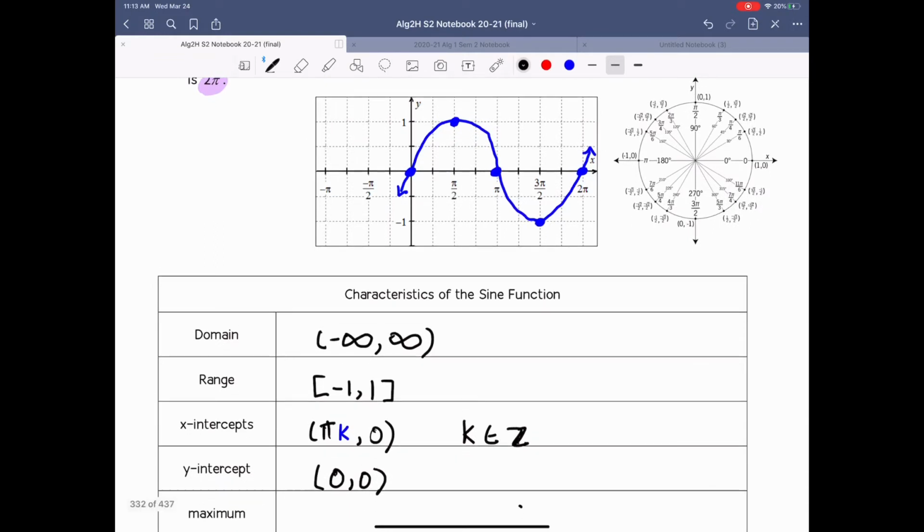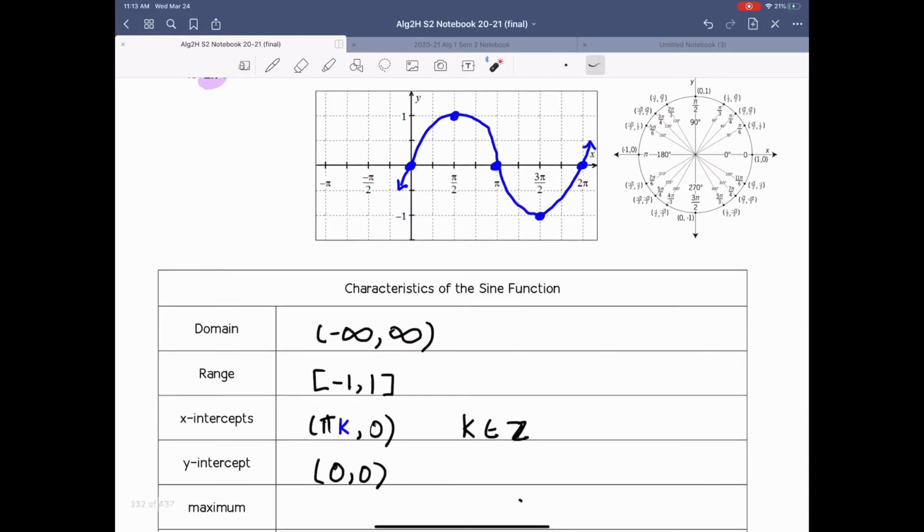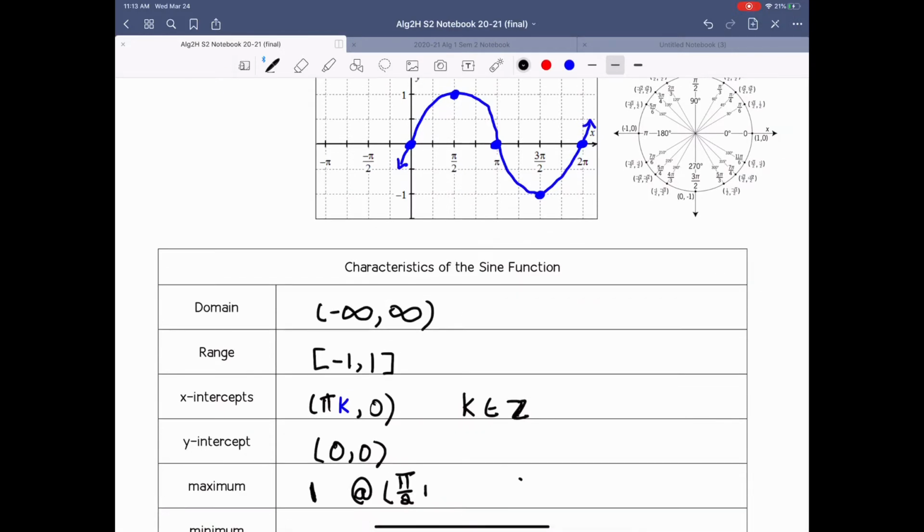Moving down, let's talk about the maximum of this graph. So when we discussed the range, we found that the maximum is 1, but we want to be a little bit more specific. Where is the maximum taking place? Well, we know that the first interval here from 0 to 2 pi has a maximum at pi over 2, comma 1. And keep in mind, this graph is going to be repeating itself every interval of 2 pi. So what I can say is that, well, if pi over 2 is the x-coordinate of that first maximum, I know that if I were to go another interval of 2 pi, or in other words, add 2 pi times some integer k, that's going to be the next x value for the maximum.